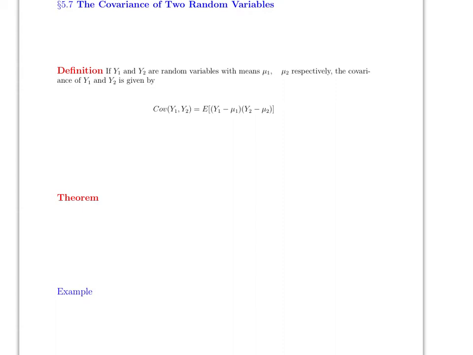Now, if we were going to graph the two variables, y1 and y2, remember that we already know that each of them has an expected value or a mean. So let's say that the mean is right here for this one, and the mean for the second one is here.